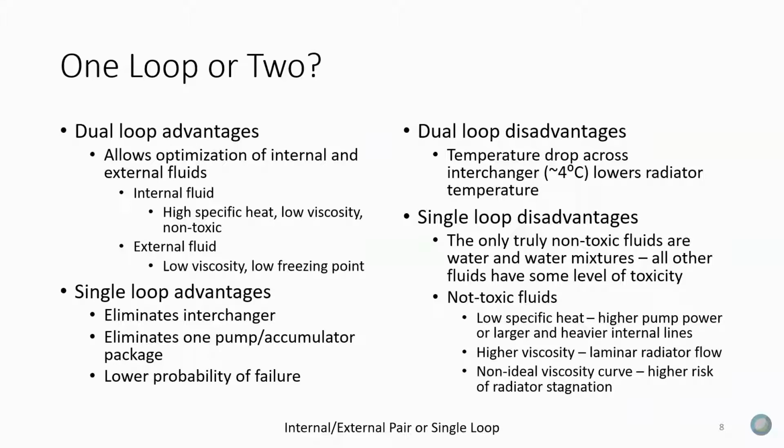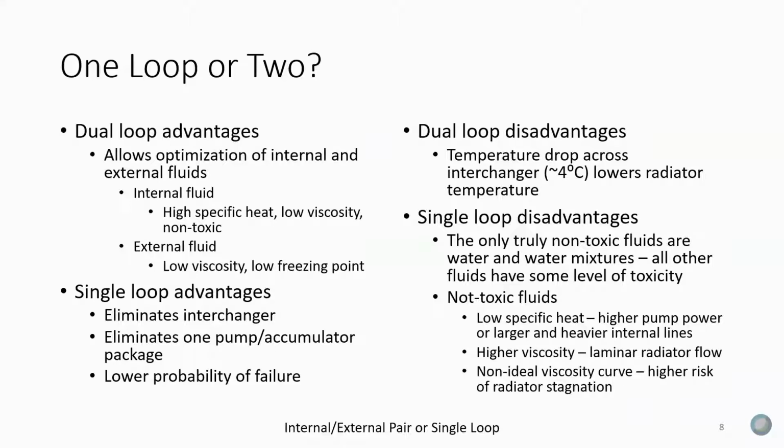So when we talk about advantages and disadvantages of the single and dual loop system, let's look at dual loop. It lets you optimize your internal and external fluids both. So I can get the best internal and the best external fluids. And internally, you're looking for something that has high specific heat, a low viscosity. You'd love it to be non-toxic. And of course, water checks all those boxes.